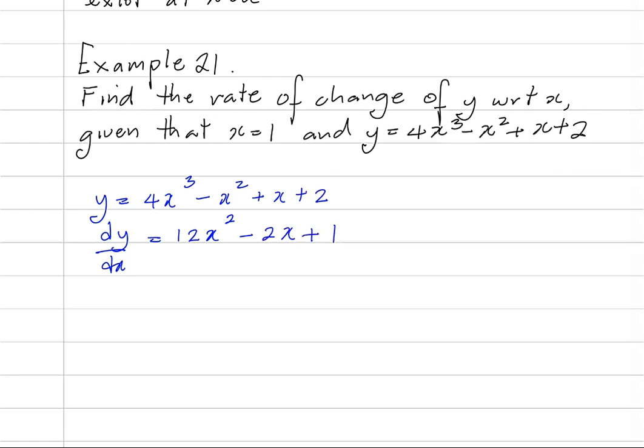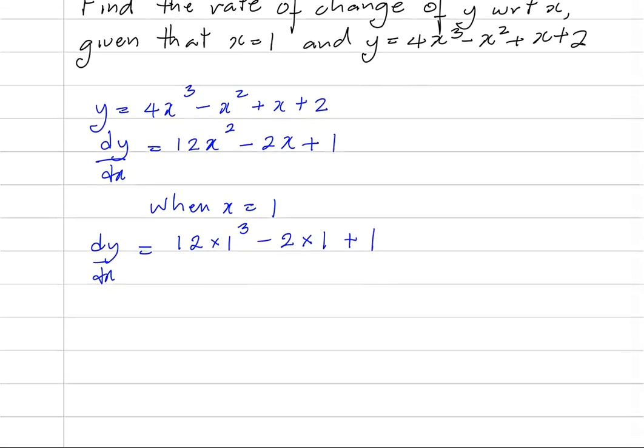So the last thing I'm going to say is when x is equal to 1, dy by dx, which is the rate of change, is going to be equal to 12 times 1 squared minus 2 times 1 plus 1.